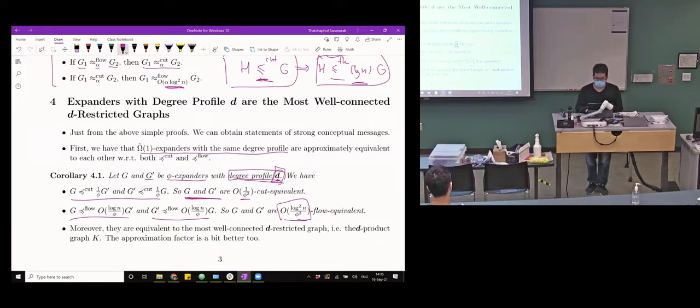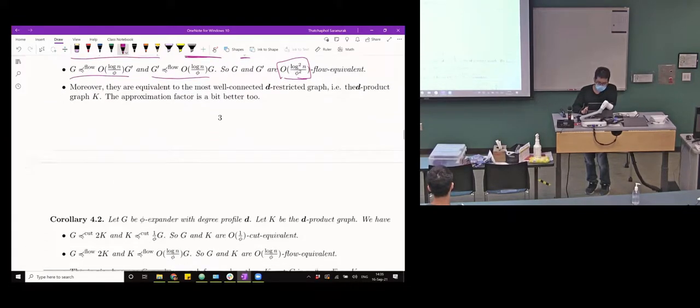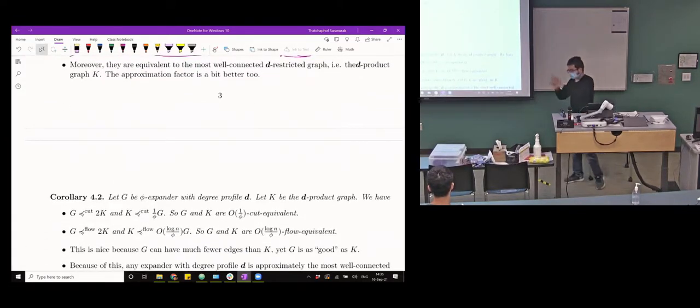You don't need the degree profile to be the same. So that's the first thing to know. Expanders with the same degree profile form an equivalence class. They really have the same cut and flow structure. Although there are so many expanders out there, they are the same from a cut and flow perspective.